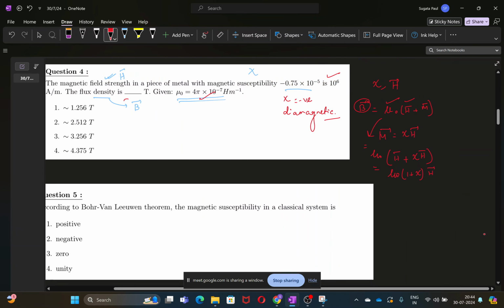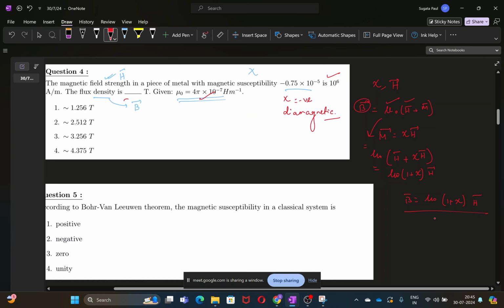So basically your B equals not only mu naught times H vector plus M vector, but if you replace M in terms of H, because M is anyway chi times H, then you get the whole formula in terms of only the magnetic susceptibility chi, the free space permeability mu naught, and the magnetic field strength H. So here B equals mu naught into 1 plus chi times H vector.